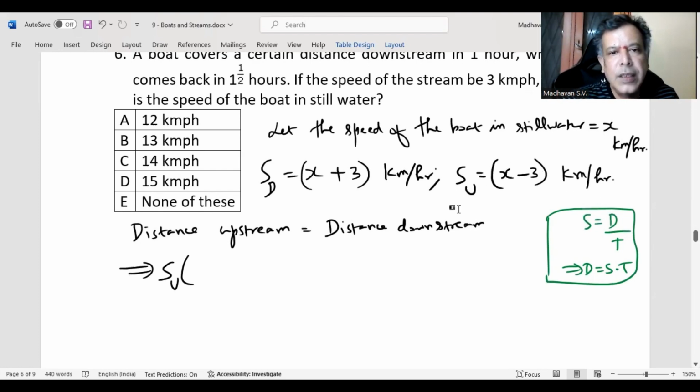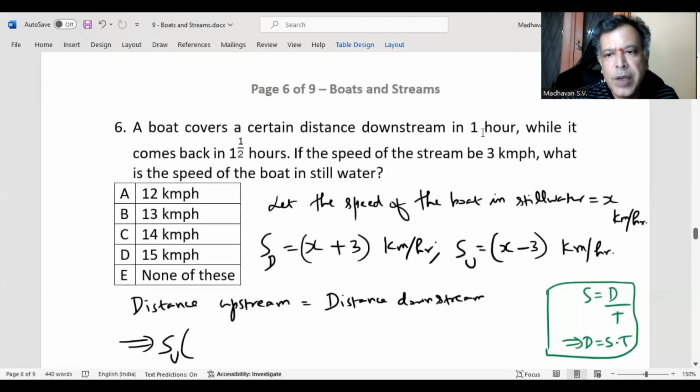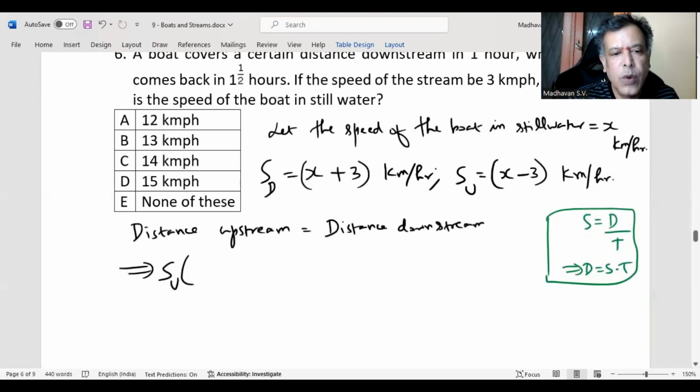Time given downstream is 1 hour, upstream it is 1.5 hours. So speed upstream, x minus 3, times 1.5 is equal to speed downstream, x plus 3, into 1.